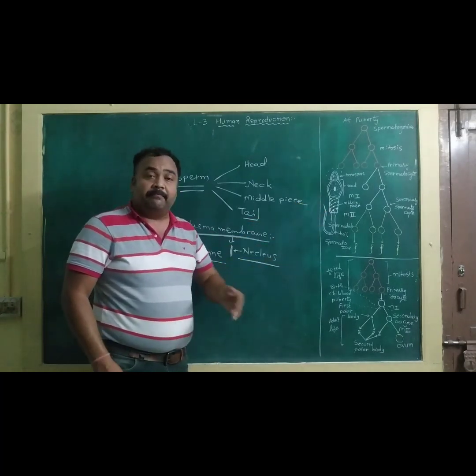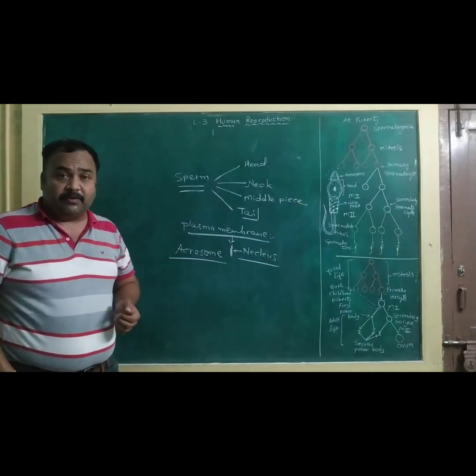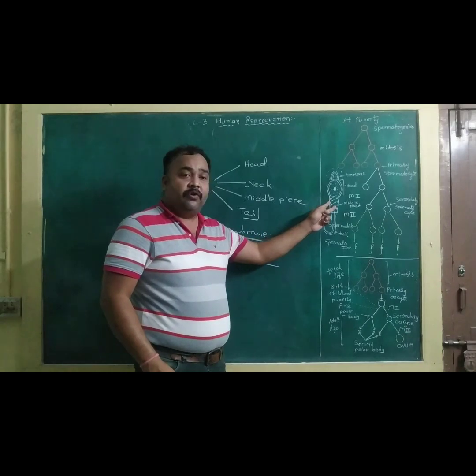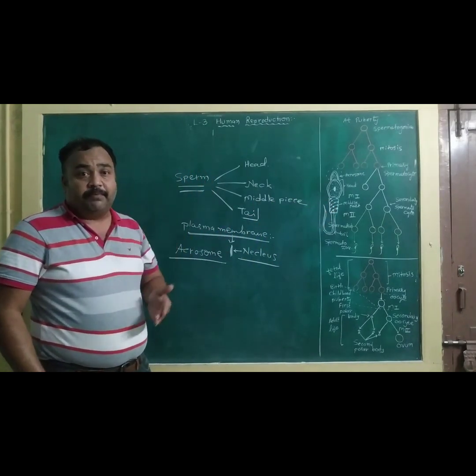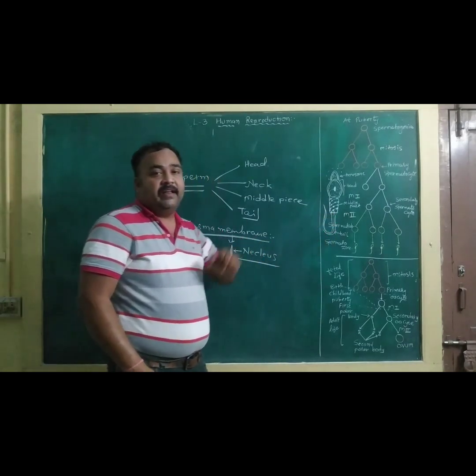The middle piece contains numerous mitochondria. And as we know that mitochondria are known as the powerhouse of the cell, that means the mitochondria provide energy for the motility of the sperm and for the movement of the tail.